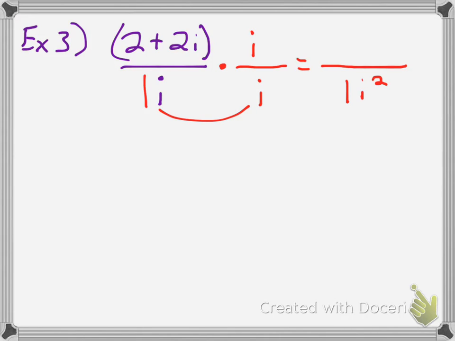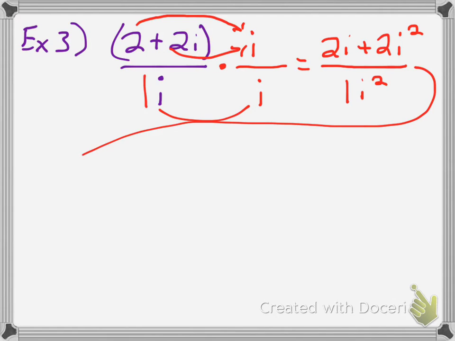Now let's distribute this. 2 times i is 2i, and then positive 2i times i is positive 2i squared.